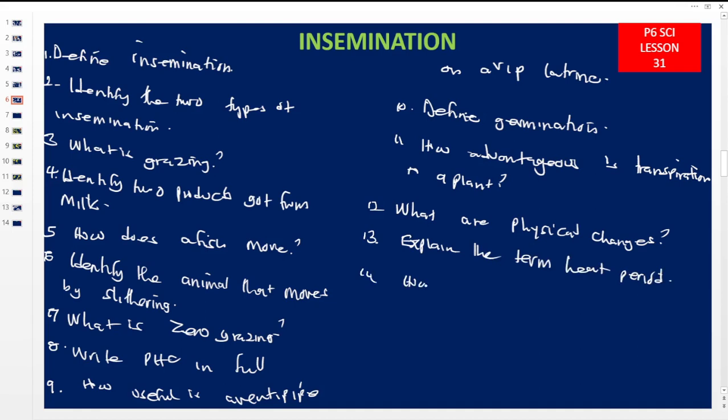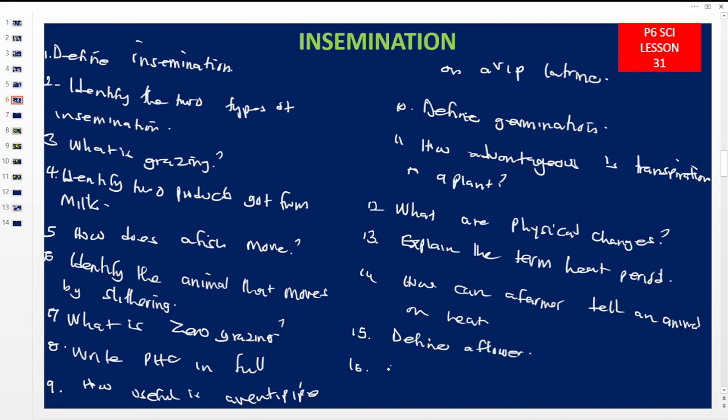How can a farmer tell an animal on heat? Then 15. Define a flower. 16. Why do bees visit flowers?